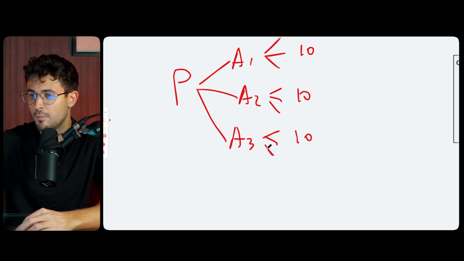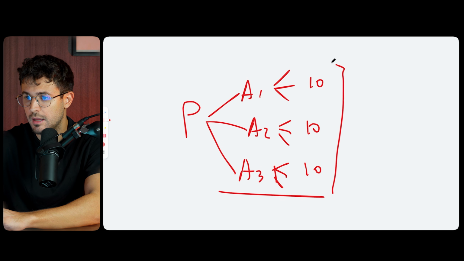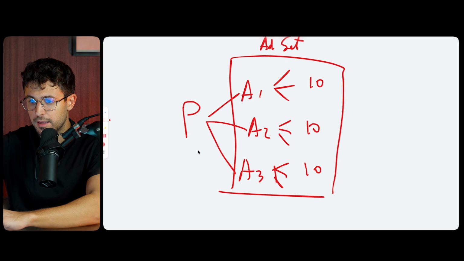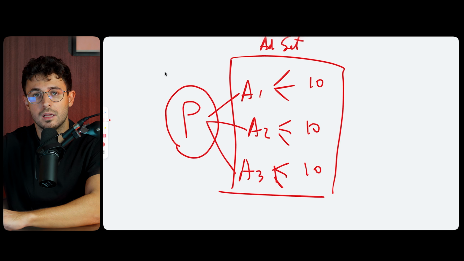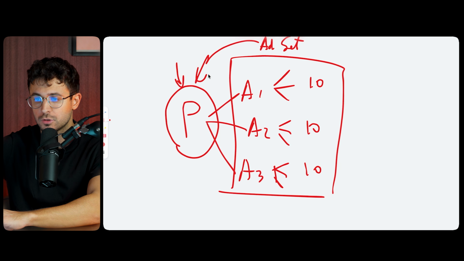Now, when you put all this together in a single ad set, Meta has more data consolidated in one unique ad set, which is the persona that you're targeting. So while the learning happens at the ad level, it will also happen at the ad set level.